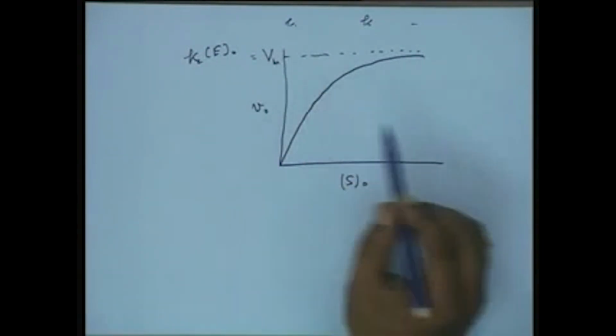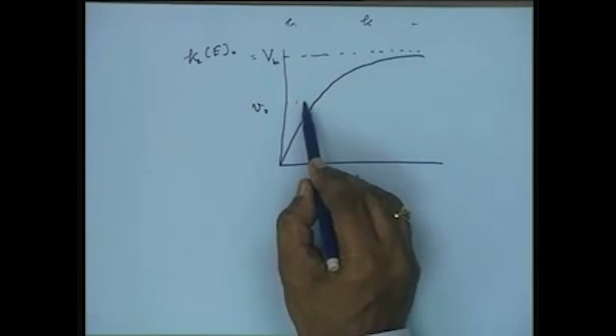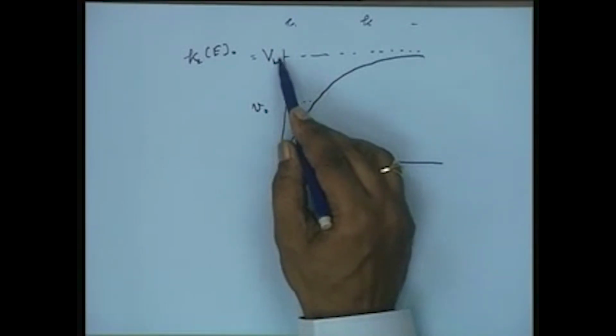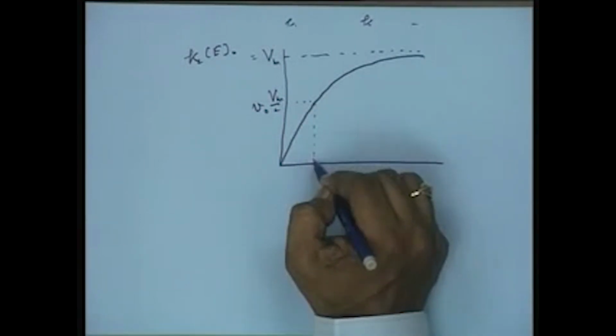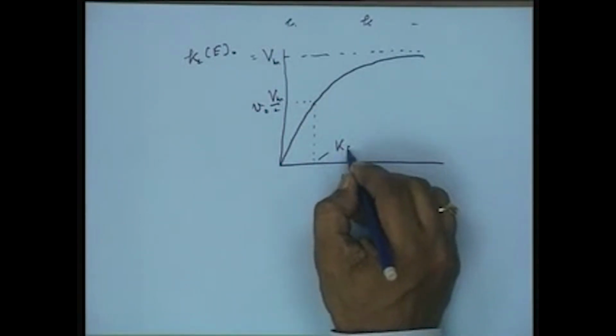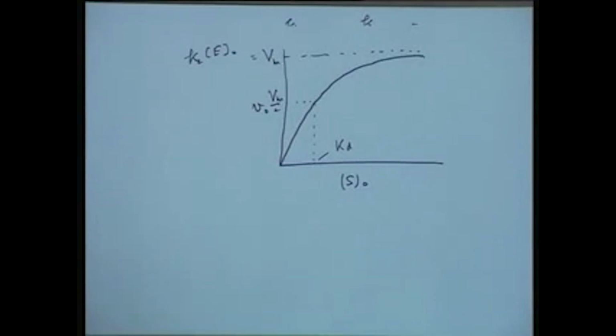and the substrate concentration at which the reaction rate is half the value of the maximum reaction rate was defined as Kd, the dissociation constant. So with that concept he was able to determine the dissociation constant of enzyme substrate complex formation.